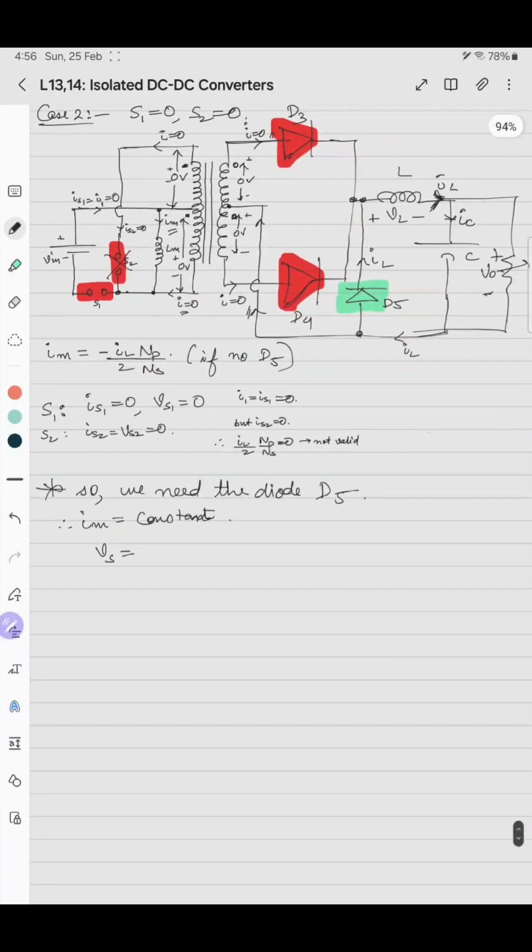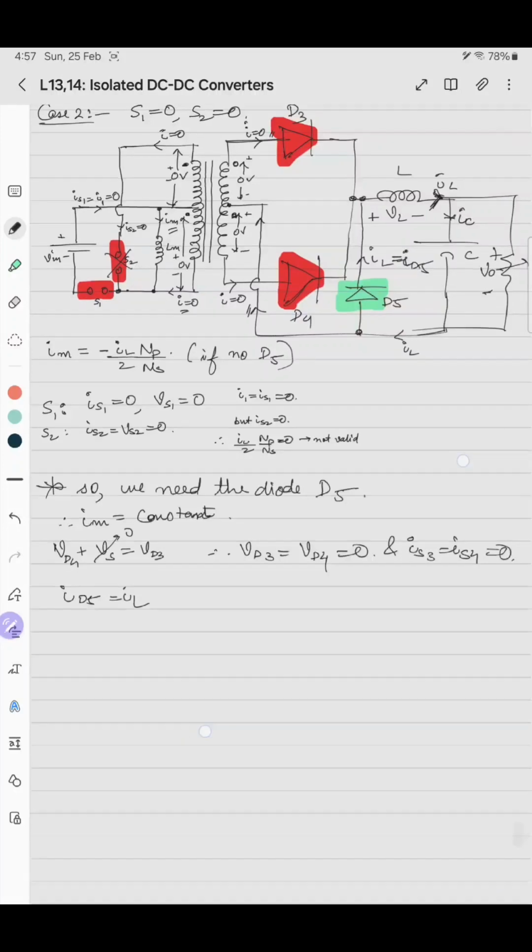So Vs plus VD4 equals VD3, but Vs is 0. So therefore VD3 equals VD4. But as it is reverse bias, the voltage is 0. And also the currents, IS3 equals IS4 equals 0. So the ID5 will be equal to IL. So the current is continuous.